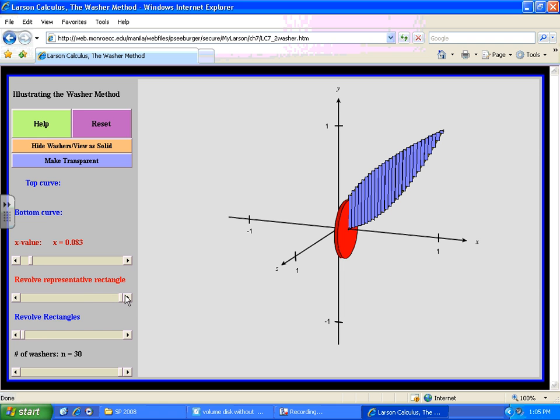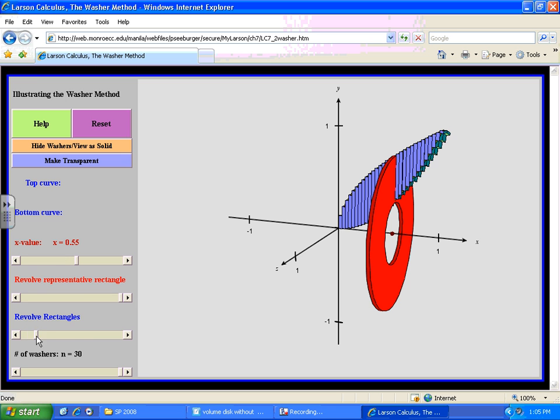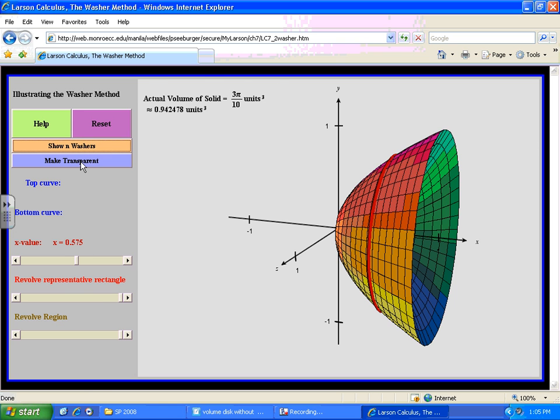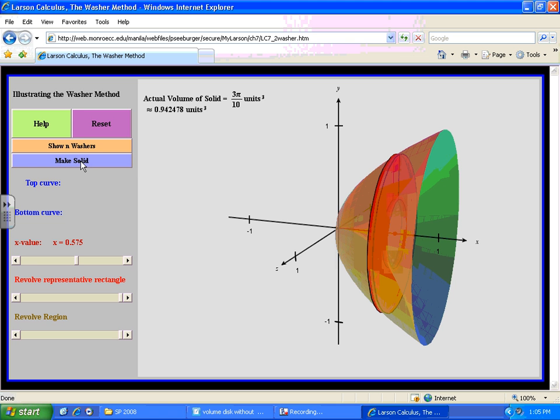Right now, the represented rectangle is there, but we could have picked it to be anywhere we want. That's just one rectangle rotated, right? Then we're going to rotate all the rectangles to get all those washers. Right now we have 30, but to get a good approximation, you want infinitely many, right? Let's just hide the washers and make it transparent to see the actual picture once again.